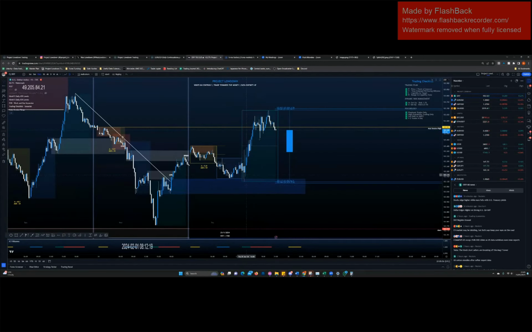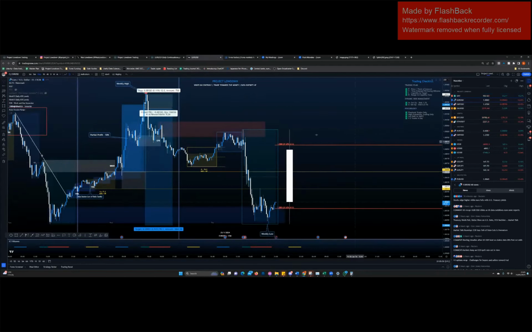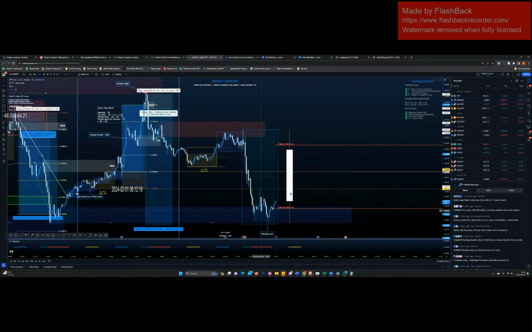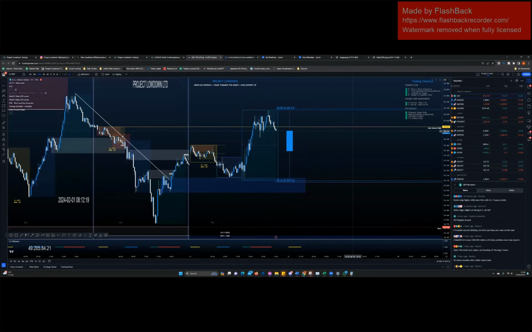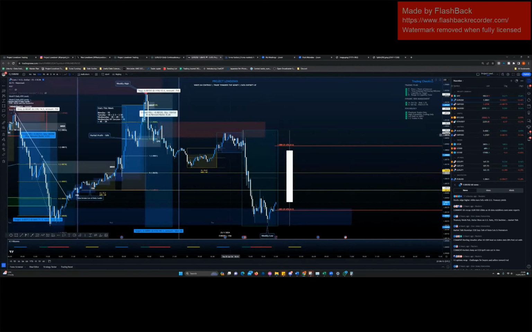If the DXY is bullish, EU and GU have to be bearish, especially EU because it's almost directly inversely proportional, right? They literally mirror each other in the opposite way. This goes up, this goes down, right? So with that being said, the main thing is the sentiment around the dollar is this.